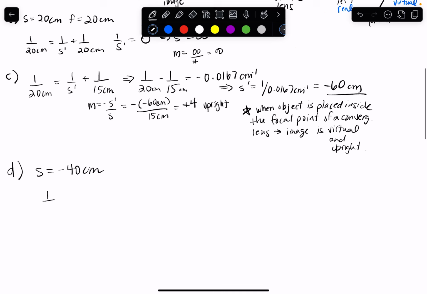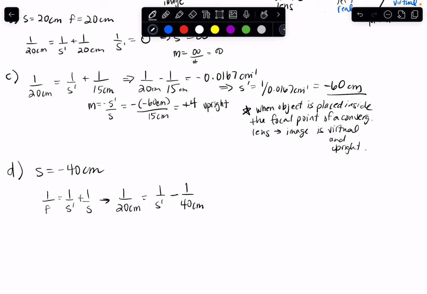So we know our focal point, our object image relationship, okay? So that's 1 over 20, solving for s prime, and then negative 40 centimeters for s. So now when we solve for s prime, that's 1 over 20 centimeters plus 1 over 40 centimeters.